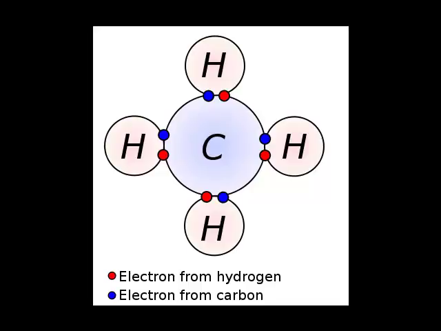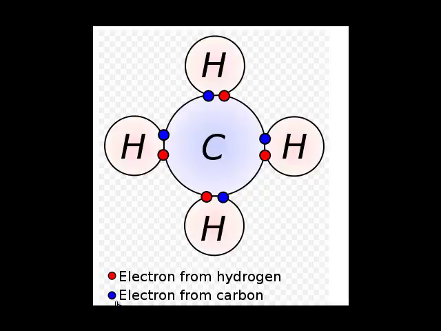Here is an example from group 14, carbon. Carbon has 4 valence electrons, so these blue electrons are carbon's 4 valence electrons. And again, it would like to get to 8. To accomplish that, it can share 1 with hydrogen. And then carbon, you can see when they're sharing, carbon now is at 8.